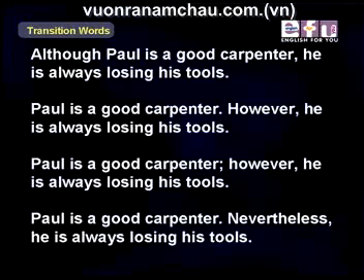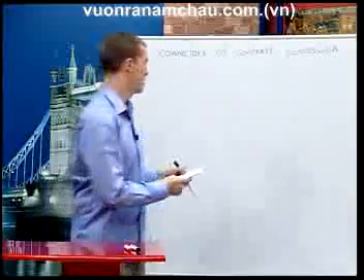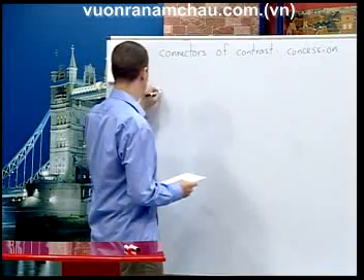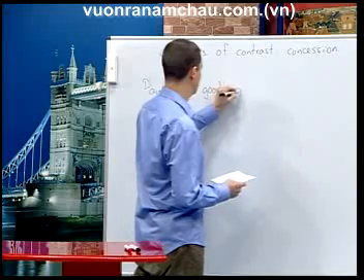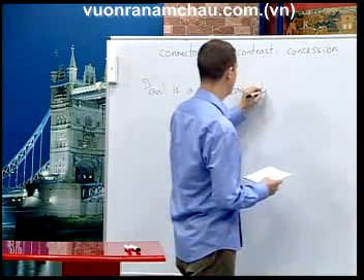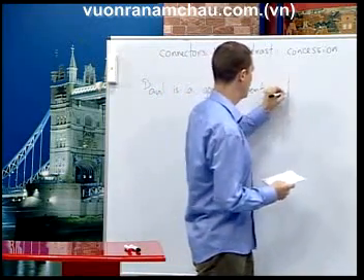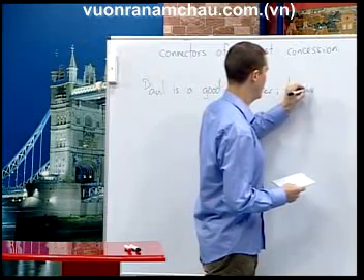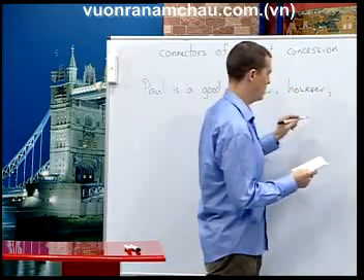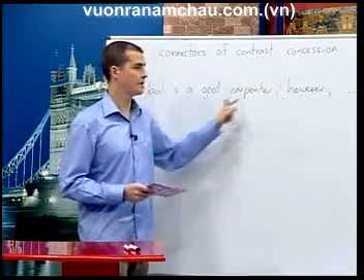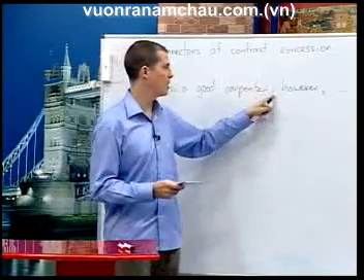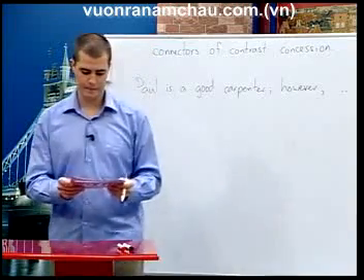When this happens, the first clause ends with a semicolon. So we have Paul is a good carpenter, semicolon, however, comma, etc. When we have however in the same sentence, it must be a semicolon, however, comma.